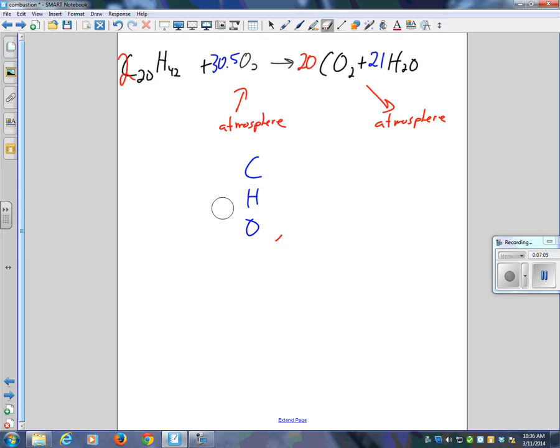I hope so. If I put a 2 there, multiply that guy by 2, 30 and a half times 2 is going to be? 61. 20 times 2 is 40. 21 times 2 is 42. Okay, let's see if this works. I got 2 C20s, which is a total of 40.